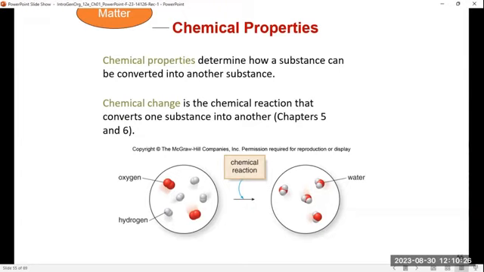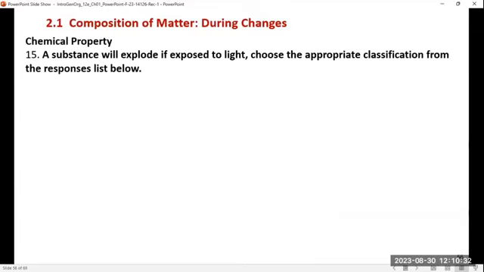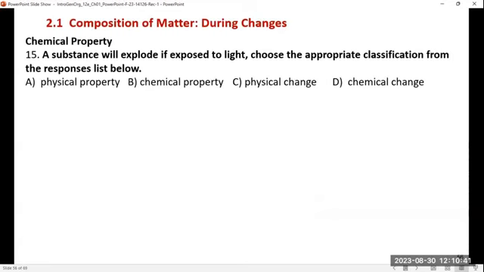Chemical property: a substance will explode if exposed to light. Explosion is a chemical change. Classification. Explosiveness is a chemical property.